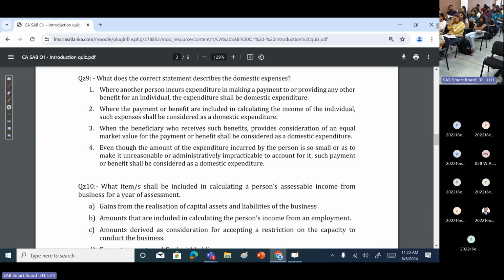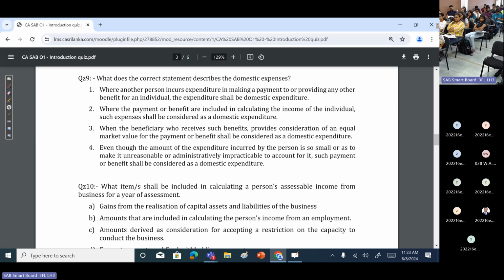Where the beneficiary who receives such benefit provides consideration of an equal market value, the payment of benefit shall be considered as domestic expenditure. Even though the amount of the expenditure incurred by the person is so small, so low as to make it unreasonable or administratively impracticable to account for it, such payment or benefit shall be considered as domestic expenditure.